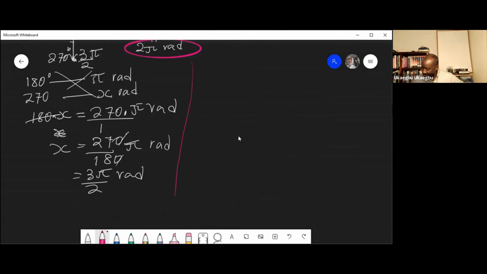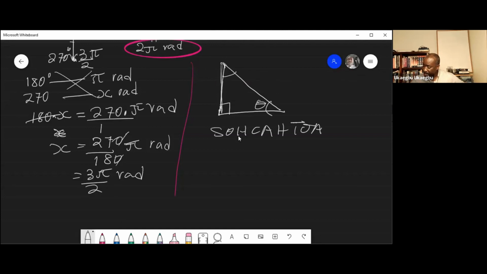So all along we have been, let me draw it beside it, dealing with trig ratios that have to do with a right triangle with a 90 degree angle. The rest of these are acute angles. This is where I told you that trig ratios actually started, and the basic ones we have are SOHCAHTOA.